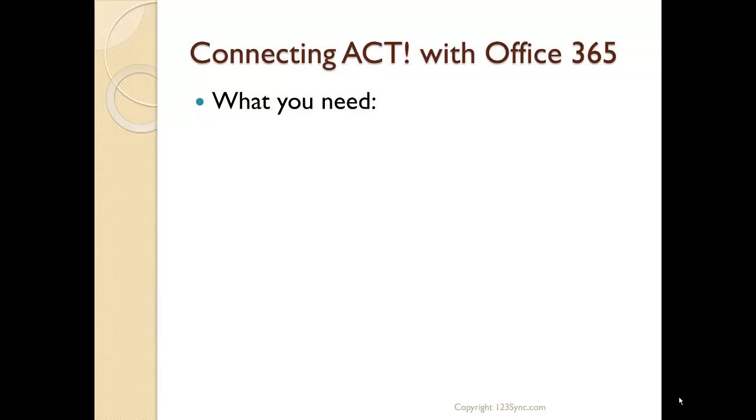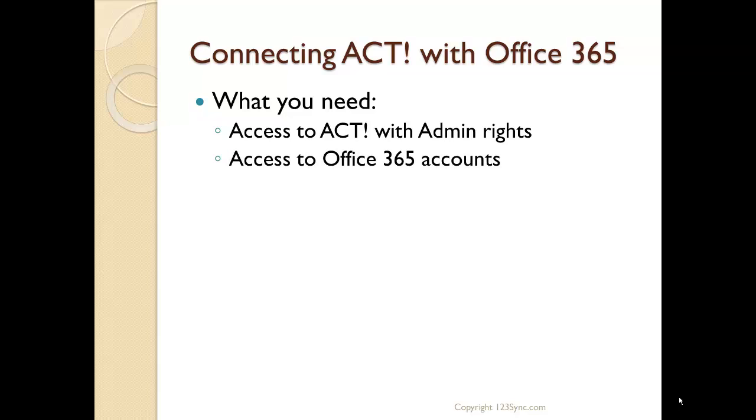So what do you need to set this up? We need access to ACT with administration rights. We need access to Office 365 accounts so we can set it up and log in. We need Outlook. It could be 2007, 2010, or 2013. These are the three versions that we have internally and that we use to access Office 365.